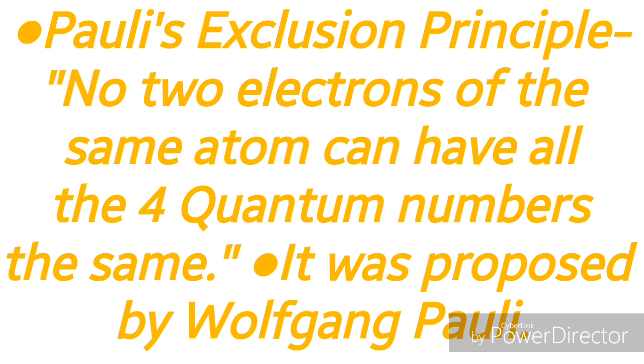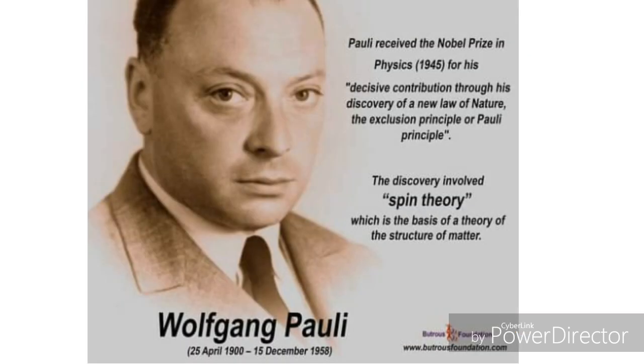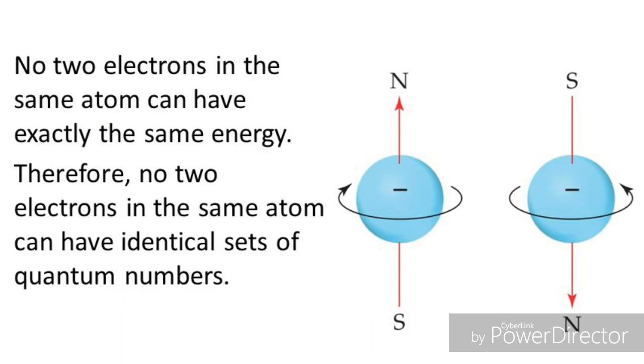So according to this Pauli's exclusion principle, if you take the different electrons of an atom, the first 3 quantum numbers may be the same, but the spin of the electron, clockwise spin and anti-clockwise spin, that differs. Students, already we learned about 4 types of quantum numbers.